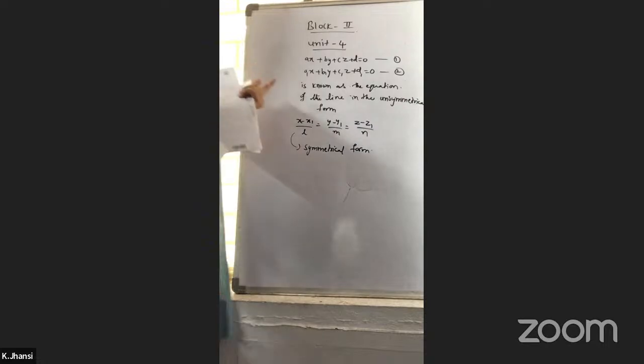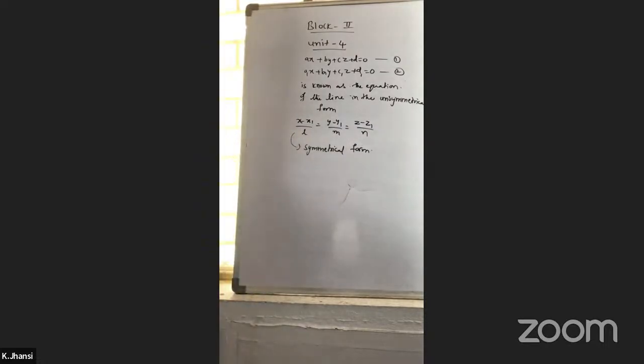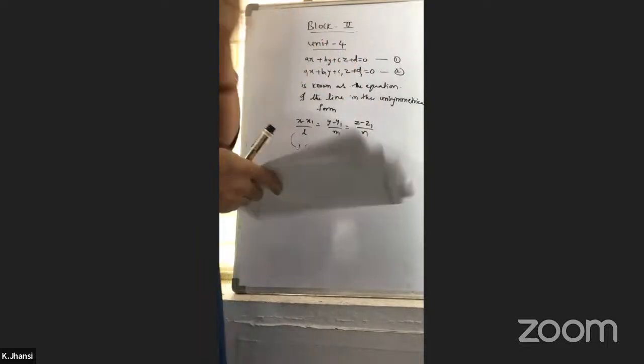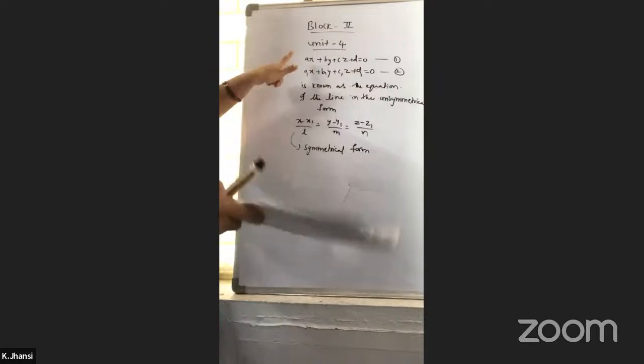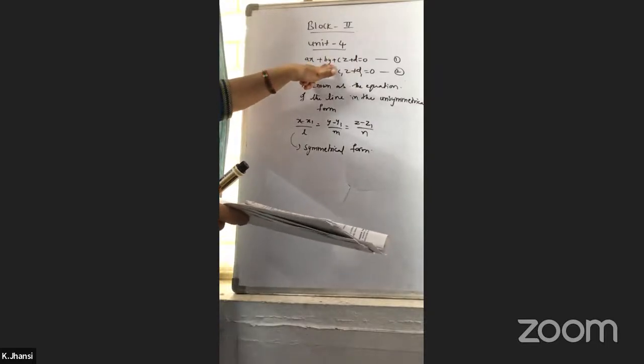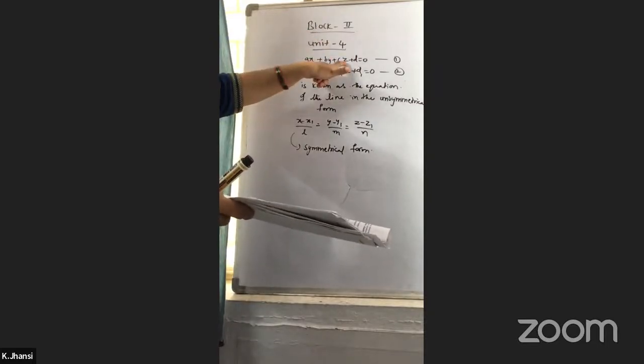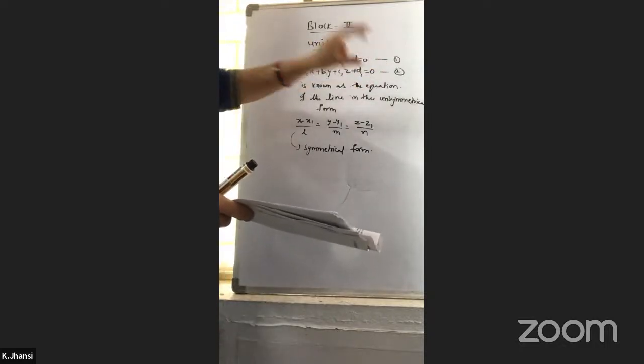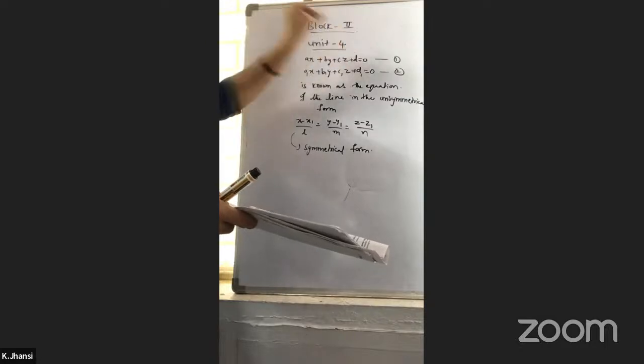So one problem we'll see is the conversion of unsymmetrical form to symmetrical form. For this conversion, the first thing is to put z equal to 0 wherever z appears. Then by solving equations 1 and 2, you find the x and y values, with z being 0.